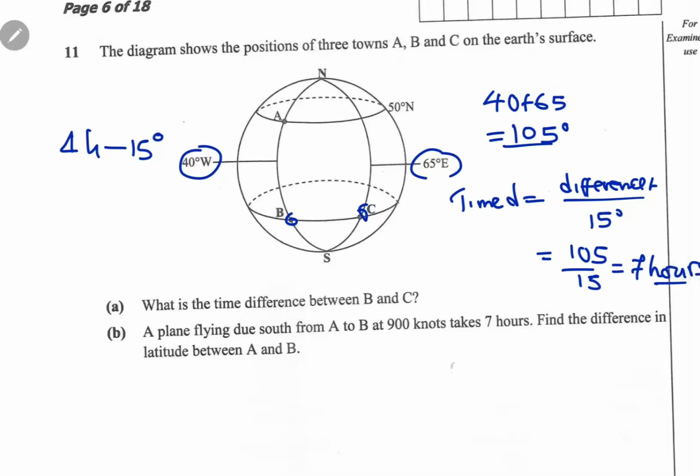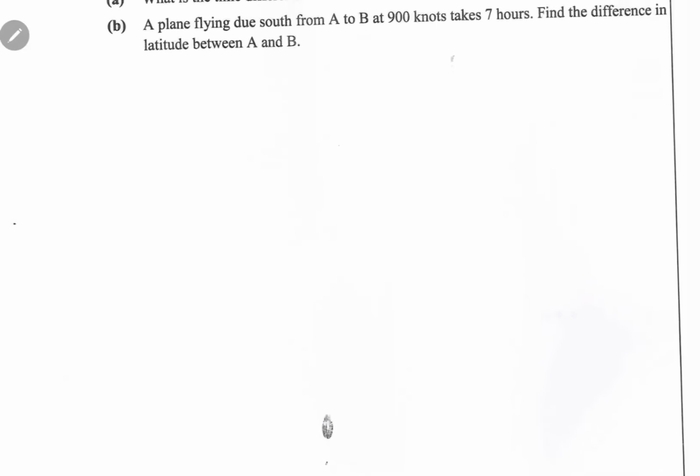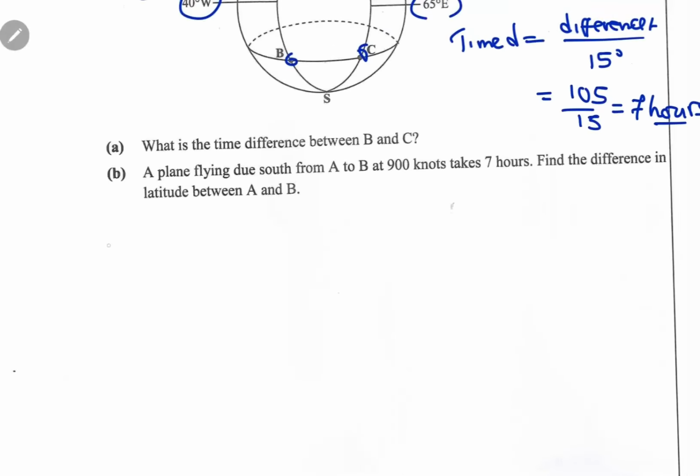By the way, we should have used the space that is here. So that is question A. We have 40 plus 65, which is equal to 105.